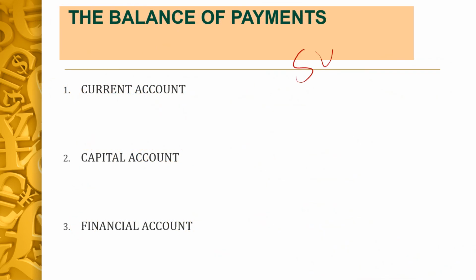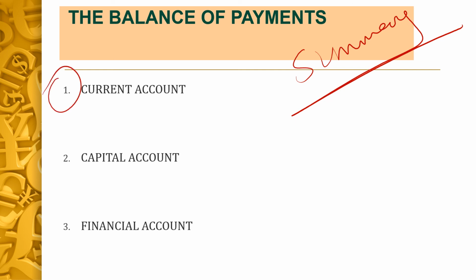Finally, this is like a summary of this lesson. When I am talking about the balance of payments of a country, you need to know that it records all flows of money into and out of an economy in a given period. This period, it could be a month or a year. And you need to know that it consists of three main components. The current account, as we explained, it has payments for visible and invisible imports and exports, plus the net income flows and transfers.